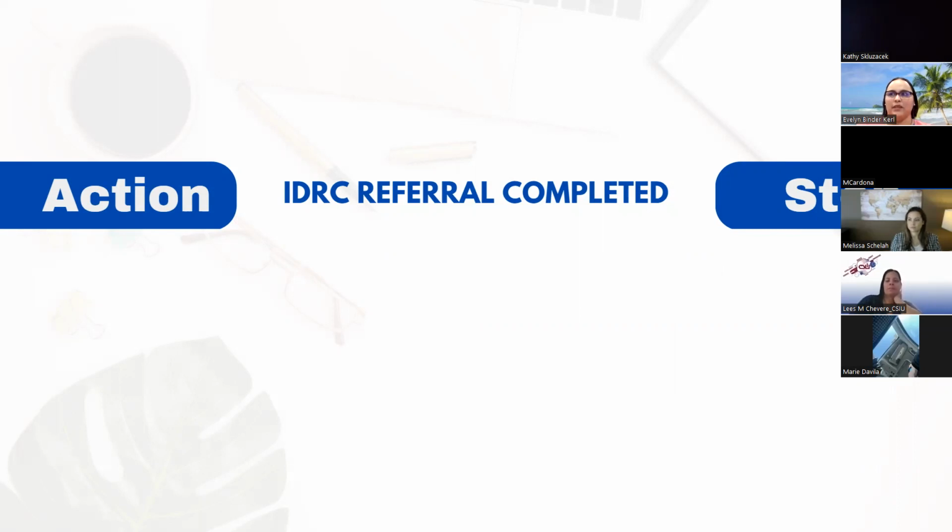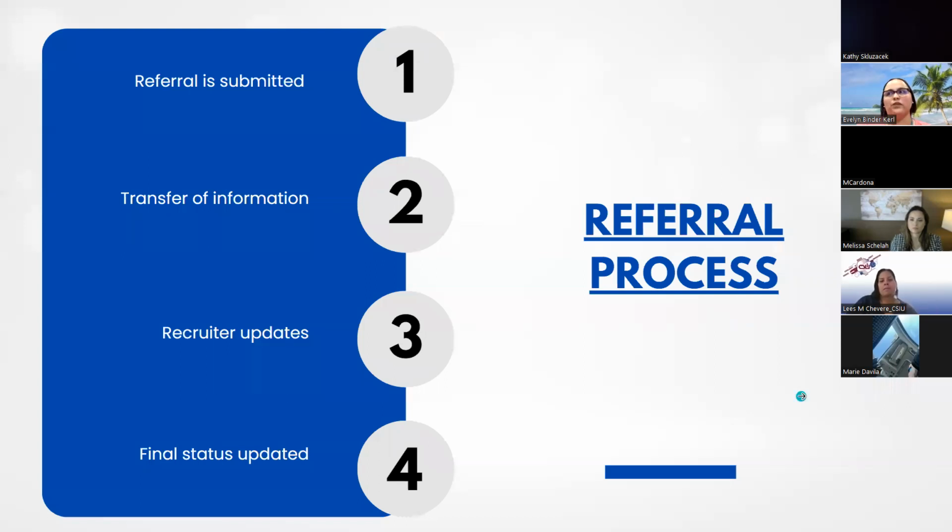It's an app that our recruiters are familiar with, so it's an easy platform for them to navigate. The first step is that an IDRC referral is completed, and that's information that we send out with basically every contact we have. Every letter I send out has the IDRC QR code on it, and stuff like that.